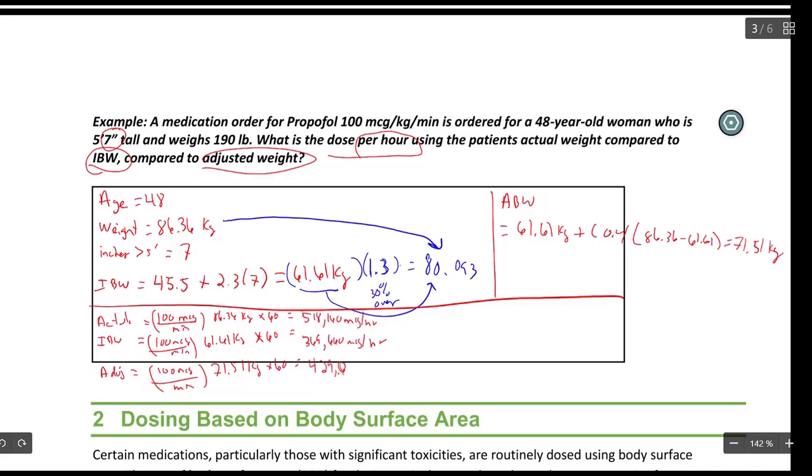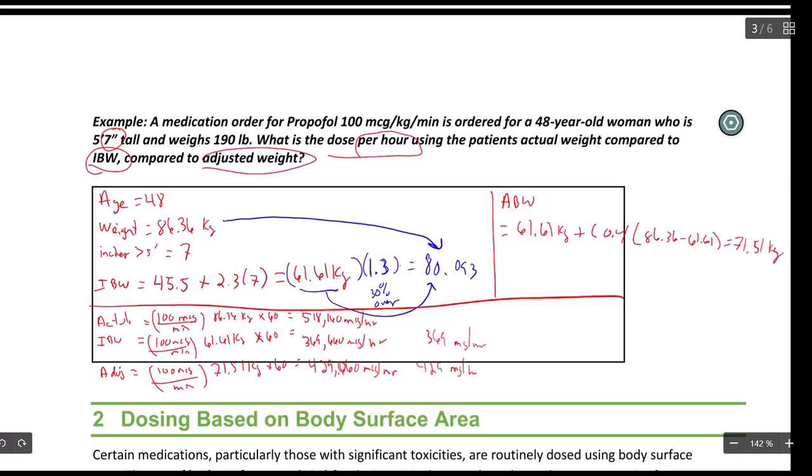The dose in micrograms per hour is really high. It's like 429,000. Usually you would make that a little bit easier and just do it in milligrams. So this is about 429 milligrams per hour. This one is about 369 milligrams per hour, and this one is about 518 milligrams per hour.